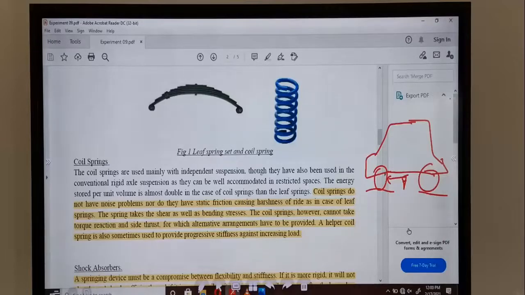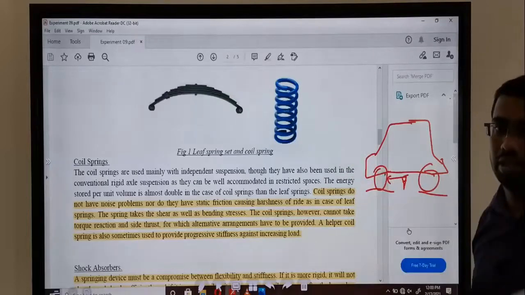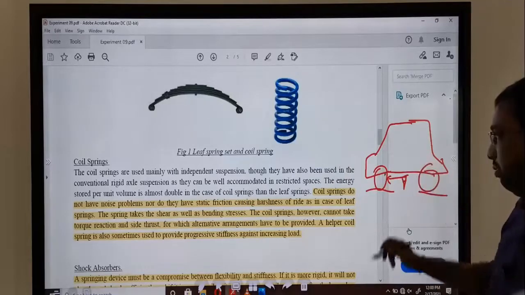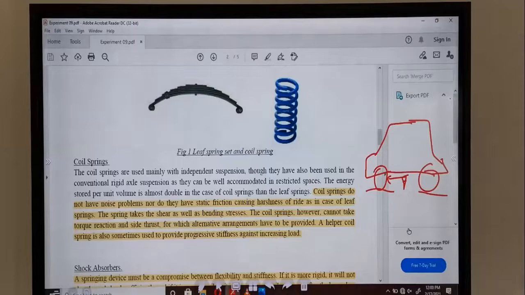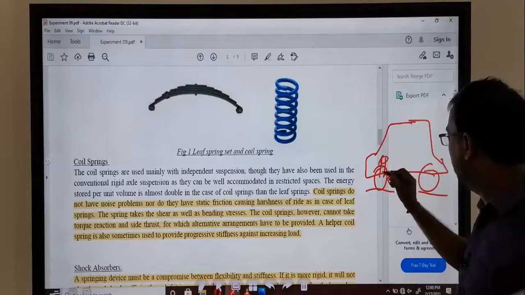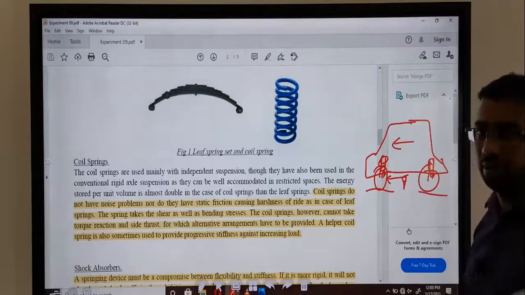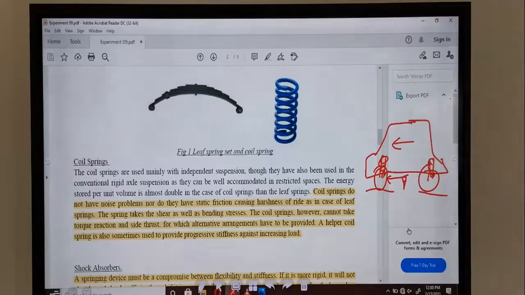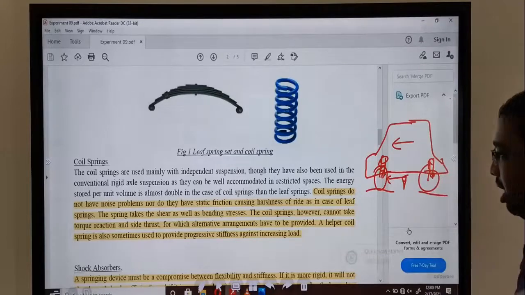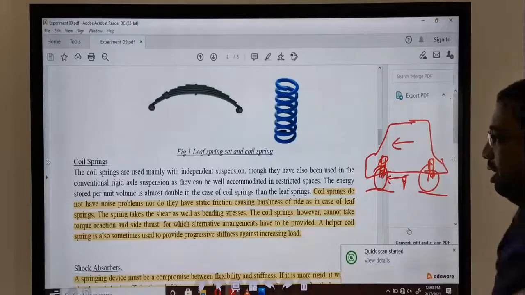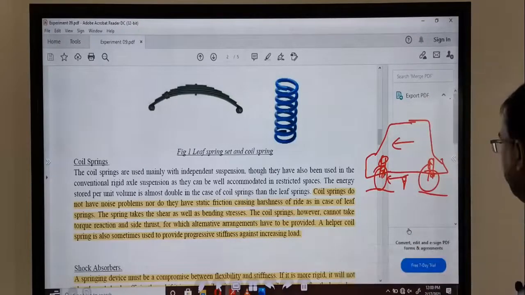Here they don't have as much static friction as the leaf springs. So if there is a coil spring suspension, the vehicle is very smooth at the starting point. That means there is no harshness of ride, because they don't have the static friction.